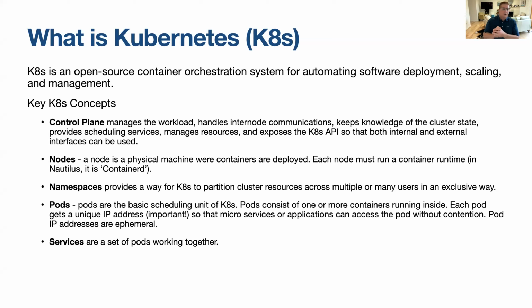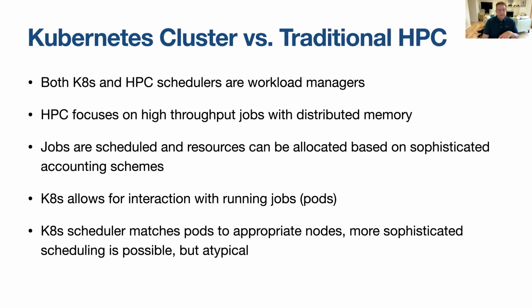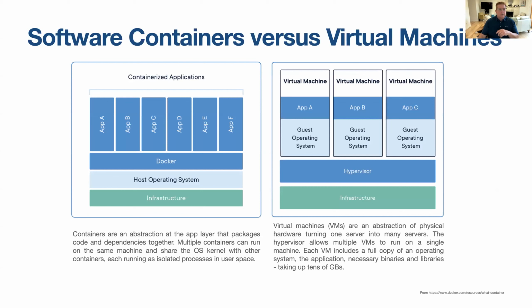So we're going to start with some of the key concepts of Kubernetes, which is the orchestration software. It has a control plane that manages the workload, handles the internode communications, keeps knowledge of the cluster state. That's this middle layer that you see called Docker here.